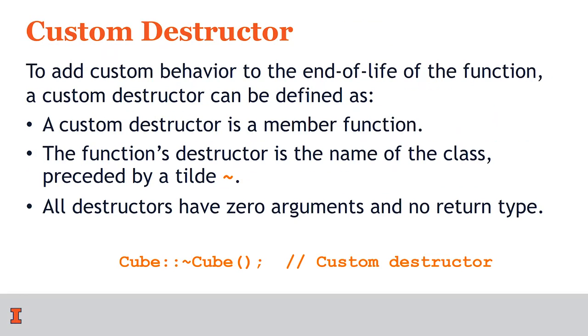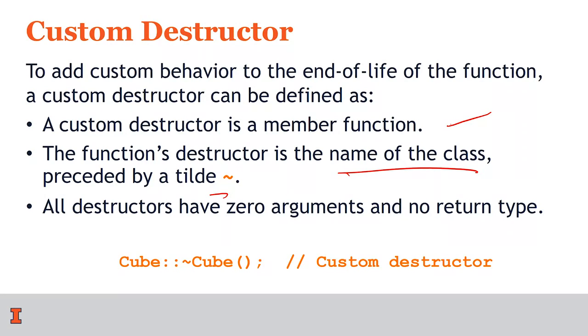So to create our own custom destructor so we have control over what happens at the end of the class lifecycle, we're going to have to create a member function that follows a specific set of rules, as with the previous class functionality. A custom destructor has to be a member function. The custom destructor has to be the name of the class itself, preceded by a tilde.